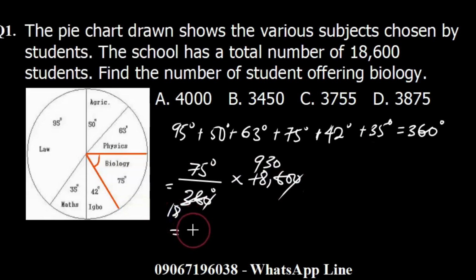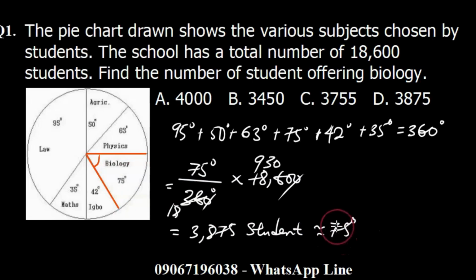At the end of the day, it's your calculator, so that's going to give you 3,875 students offered biology, which is equivalent to 75 degree out of a total of 360 degree in a pie chart. So this is the solution to this first question.